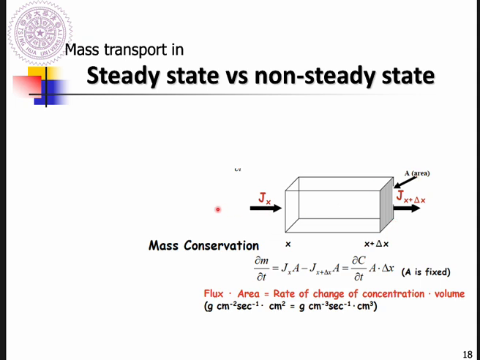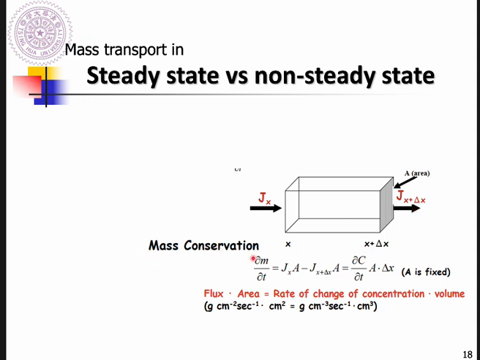And because we have atomic flux, we use J_x to represent the atomic flux flowing into this cube, and we also use J at x plus delta x to represent the atomic flux flowing out of this cube.